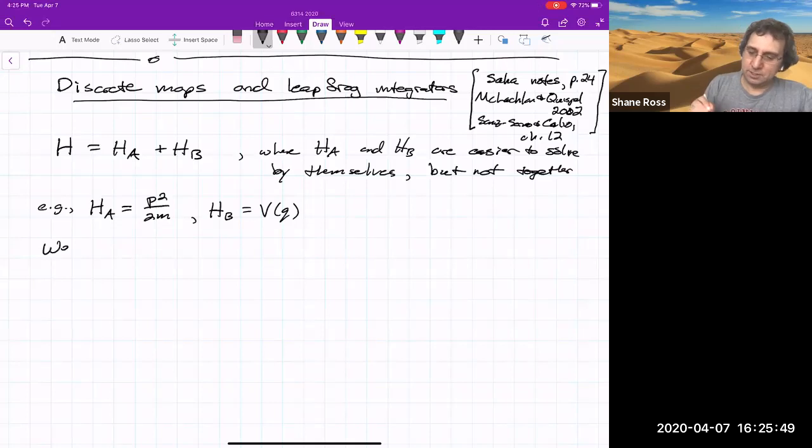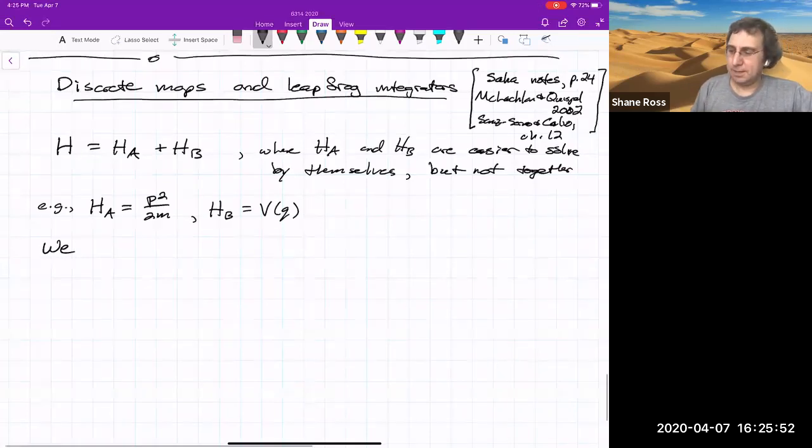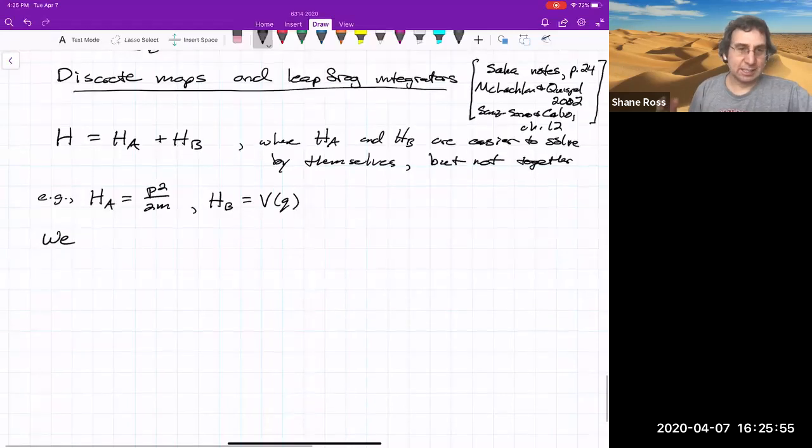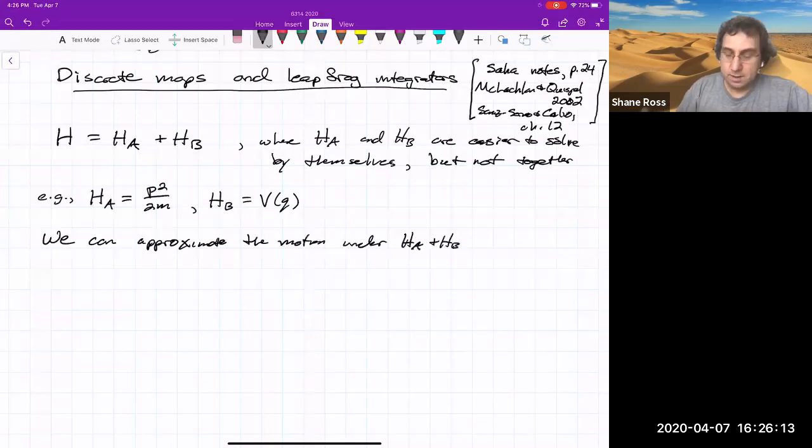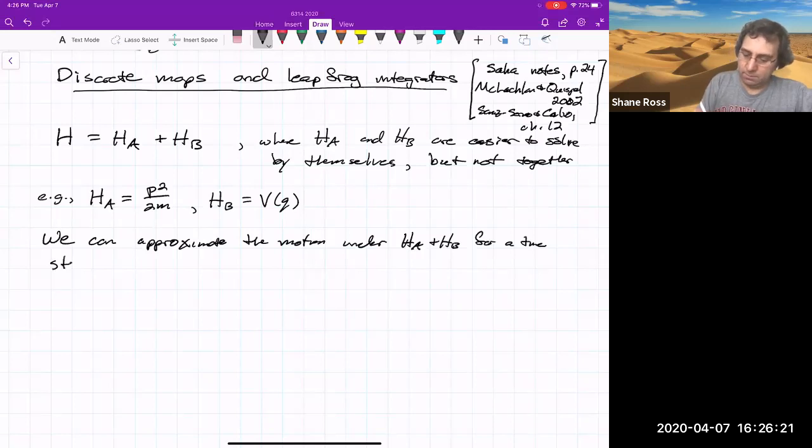And this is where, in decades past, people designed these things called leapfrog integrators. So what's the idea there? We can approximate the motion under the sum HA plus HB, under that Hamiltonian, for a time step, which I'll call tau, by following a leapfrog algorithm.